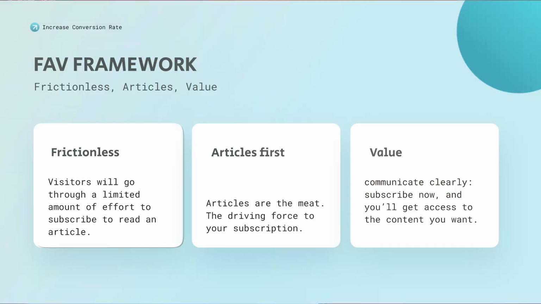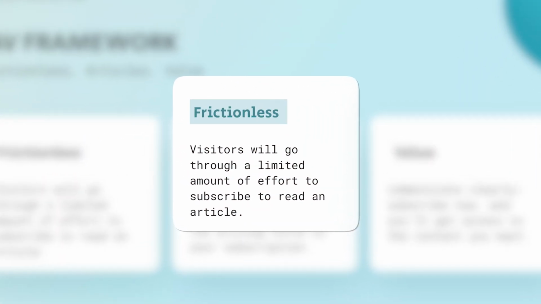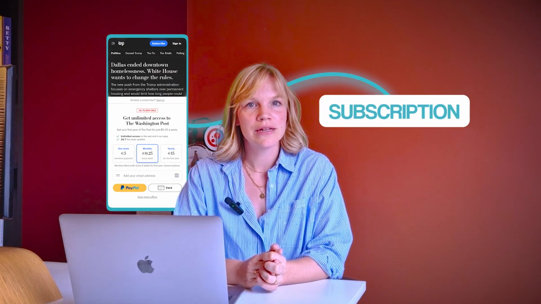It spells out FAV. First, F is for frictionless, because people have a limit to the amount of effort they're willing to take to go through the whole flow in your paywall, pay and read an article. And that brings us to the second point, articles, the A. Articles are usually the main drivers of subscription in this case.